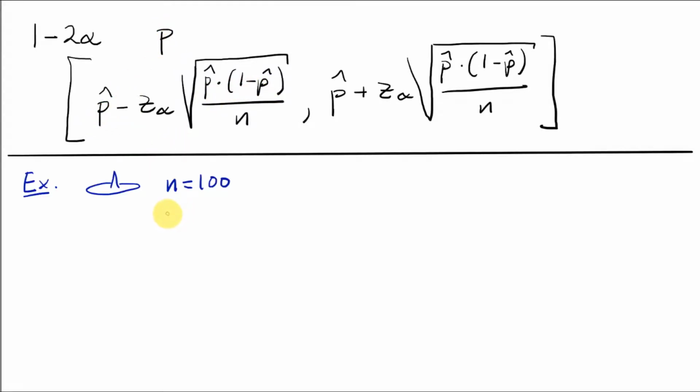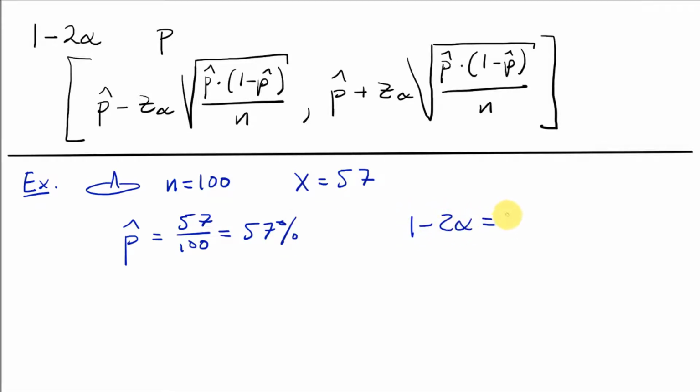So assume you have thrown a pin 100 times, and you got pin up 57 times out of those 100. Then the estimate of the unknown probability of getting pin up is 57 divided by 100, so 57%. Say we want to give a confidence interval with probability 95%. This corresponds to alpha being equal to 2.5%.